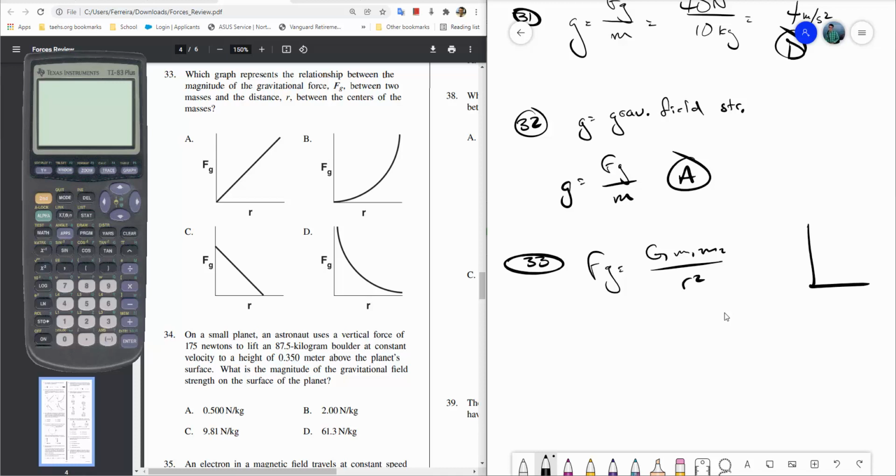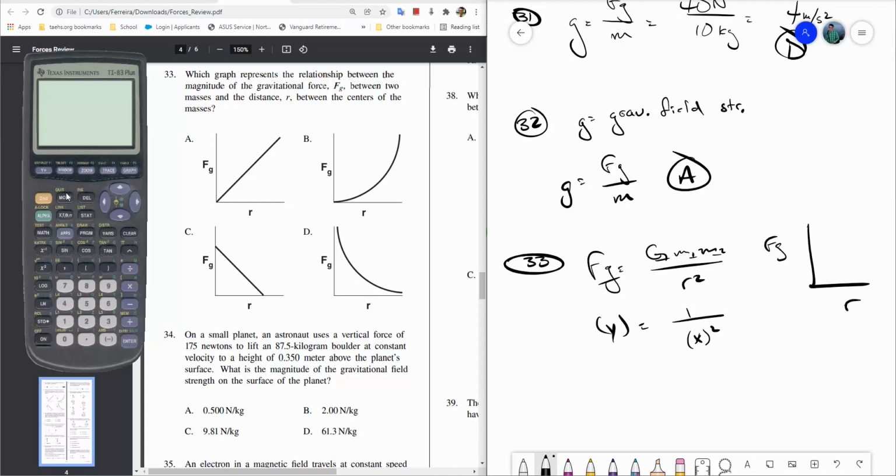The y-axis is Fg, and the x-axis is r. Now substitute. Fg is the y-axis, so put a y there. Everything else, G, m1, m2, they're constants. I'm just going to make them all 1 to make my life simple. r is the x-axis, so I'm going to put x in the denominator, and r is being squared, so we're going to do x squared.